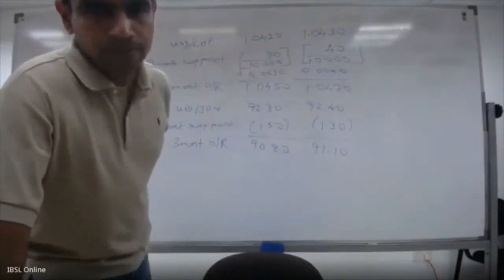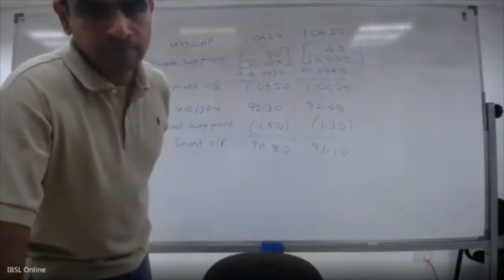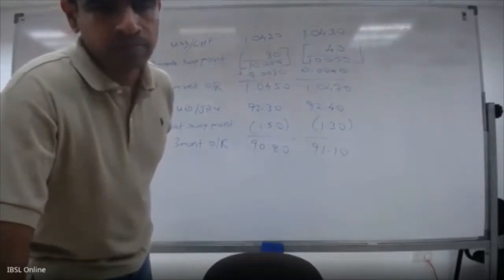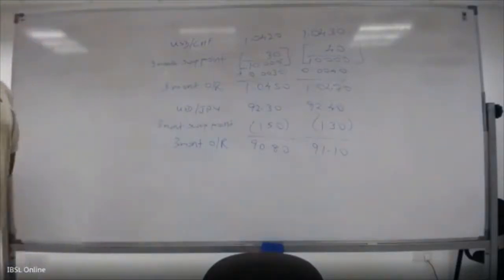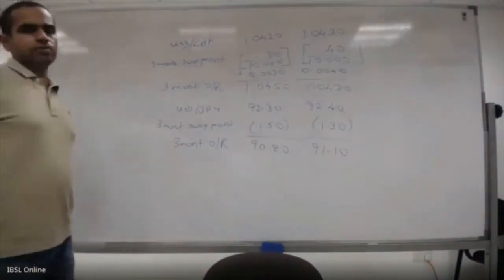I hope that was clear. Let's try the next example. Spot rate given 130.55, 60. Swap point 200, 215.